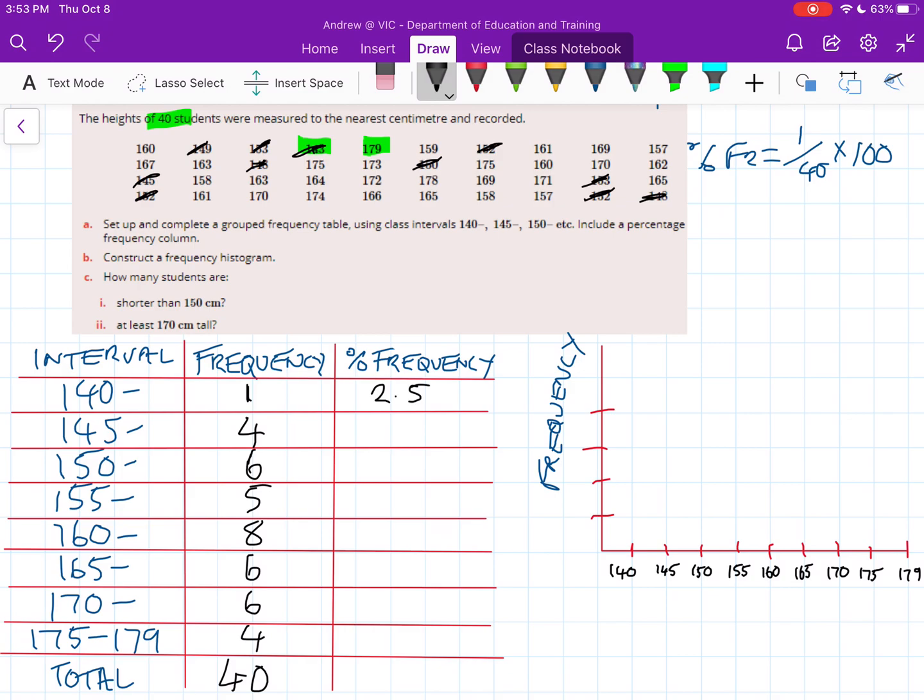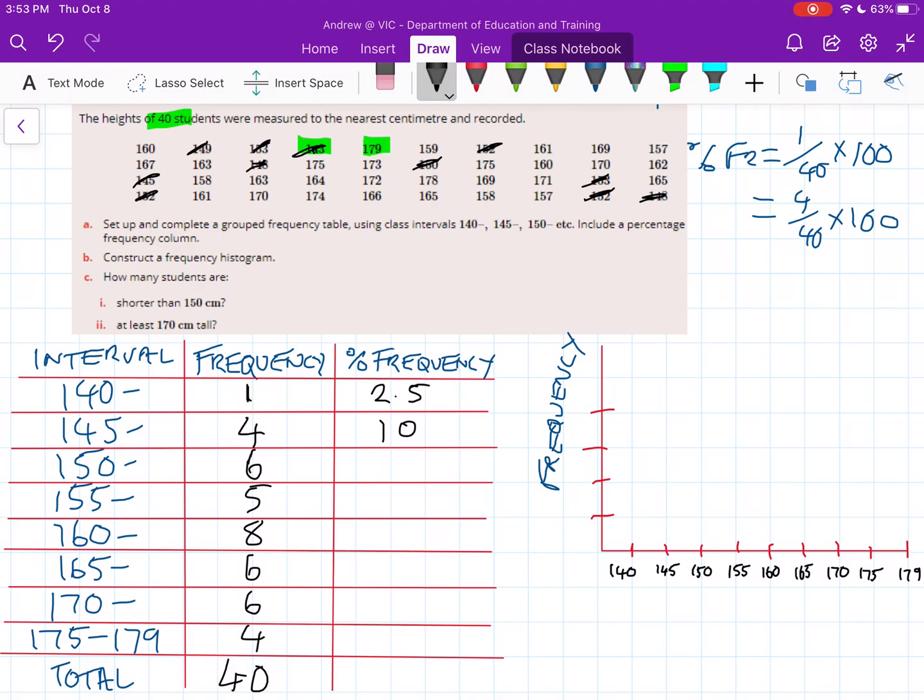So for the next one, your percentage frequency is your amount over your total, so that's 4 out of 40. And hopefully you already know that this is going to equal 10%. So times 100, that's the percentage frequency for the next one, and that will be 10%. But it is also good to work out how much 1 is, and then you can start working in your head.